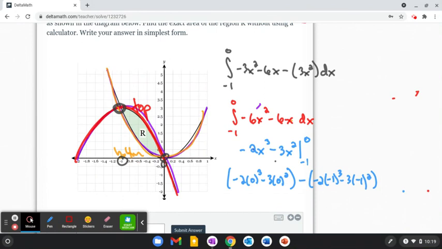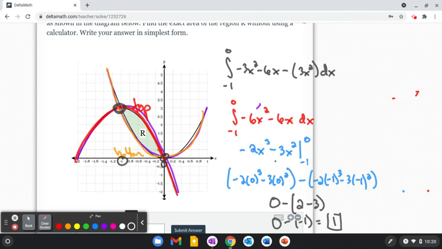Down a bit here. All right, our first part, like I said, is all zeros. Minus. Here, let's see, we get a negative 1 times negative 2 is a positive 2. And then this would become a positive 1 times 3, so it would be minus 3. 0 minus negative 1, so that becomes a positive 1.